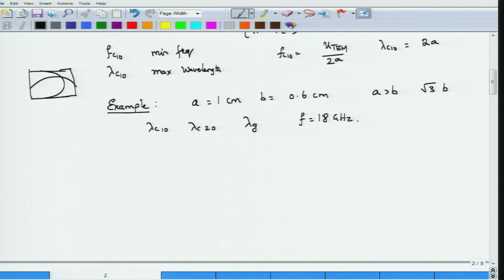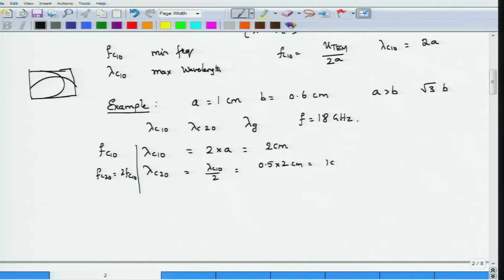To obtain that, we need to know f c 10, or equivalently lambda c 10. Lambda c 10 is equal to 2 times a, with a equal to 1 centimeter, therefore this is 2 centimeter. Similarly, because f c 20 is 2 times f c 10, lambda c 20 would correspond to lambda c 10 by 2, which is 0.5 times 2 centimeter, which is 1 centimeter.